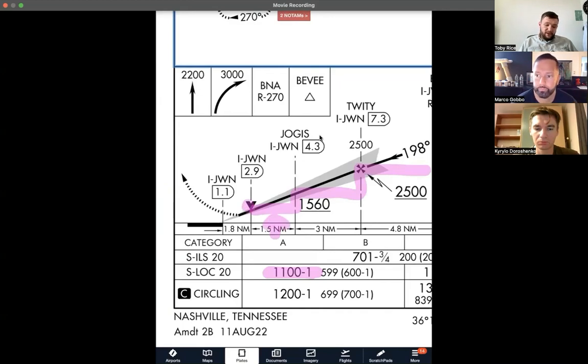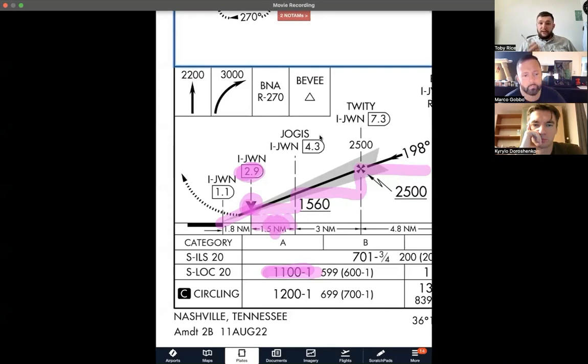A VDP tells you that you should stay at 1100 until you reach 2.9 miles because there may be obstacles in this area that you might hit if you were to descend below minimums before here. So they're basically suggesting that you wait until the VDP, and then once you're at 2.9, then begin your descent to the runway because you won't hit anything on the way down if you wait until after the VDP.